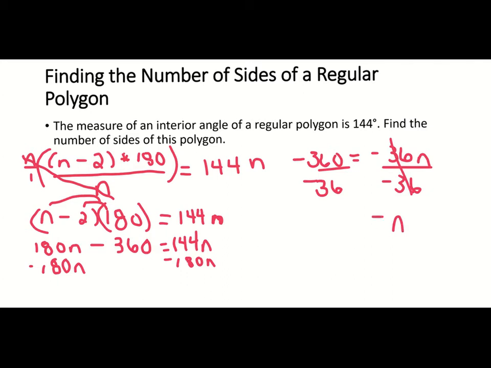The 2 negatives make a positive. Negative 360 divided by negative 36 will give me 10. So that means that our regular polygon, where each angle measures 144 degrees, is a 10-sided polygon, or a decagon.